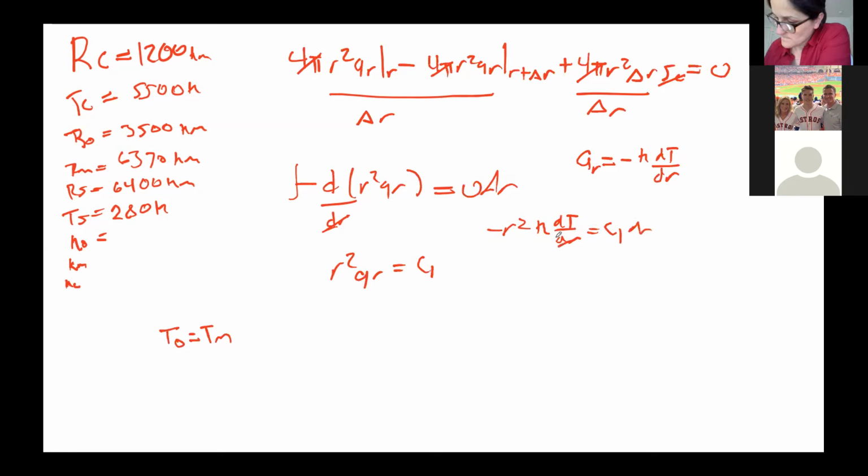Multiplying both sides. I guess I should probably move everything over. So r squared K, and then integrate that. That will leave us with T being equal to negative C1, let me know, positive C1.